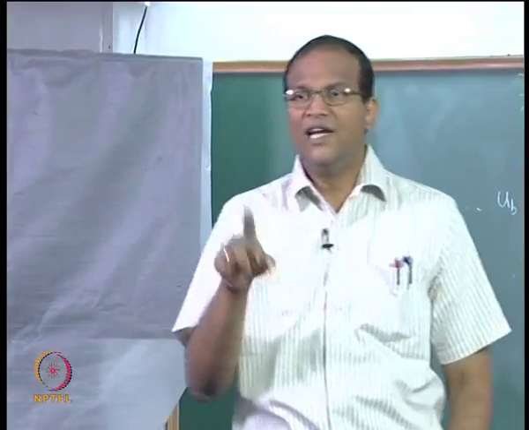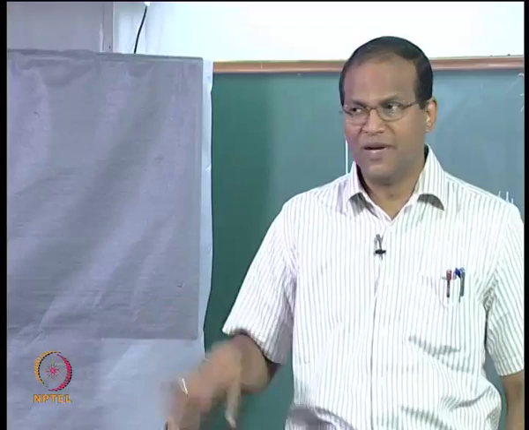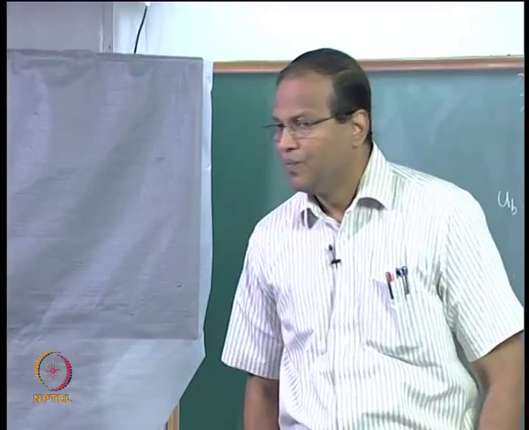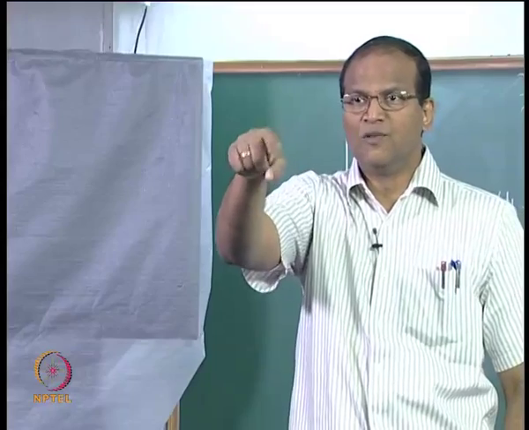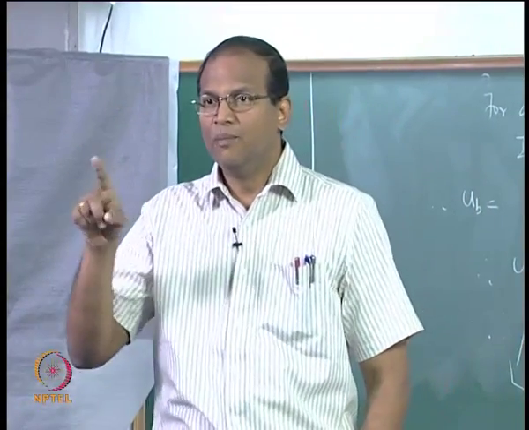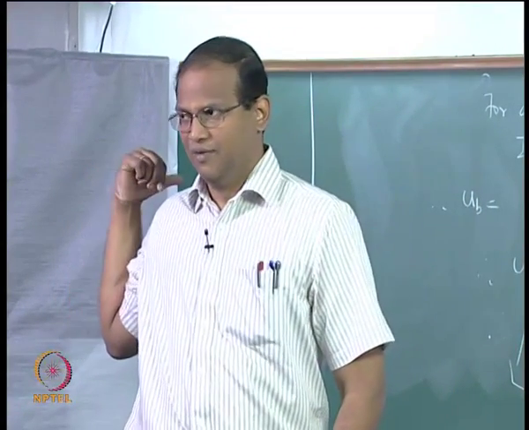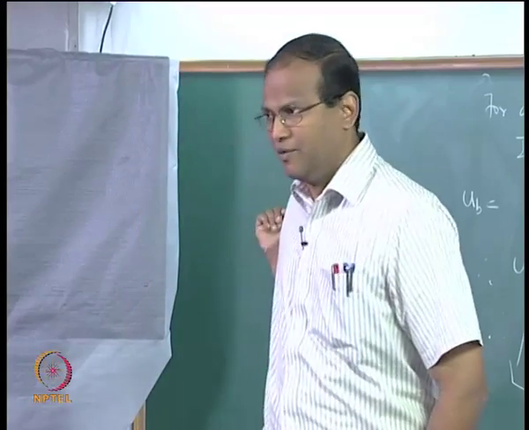Now TdS is equal to dU plus PdV, that comes from thermodynamics. Now in the dU, U is written as a product of small u into V, and P can also be written in terms of u, P is equal to u by 3.